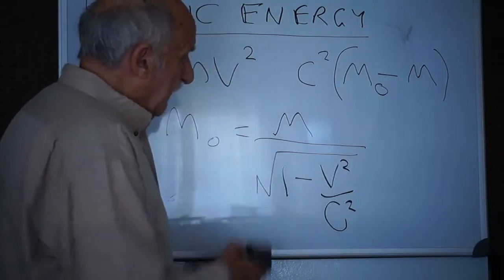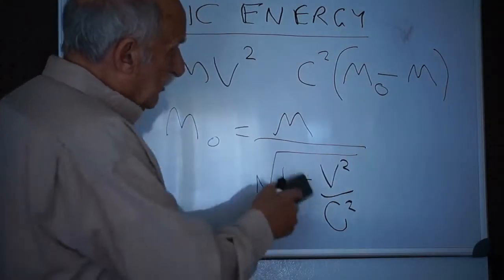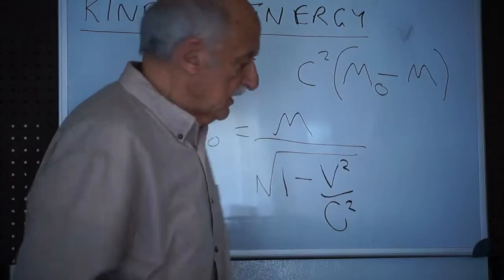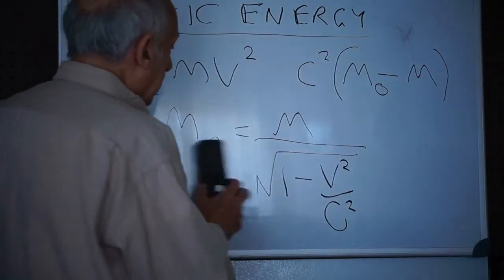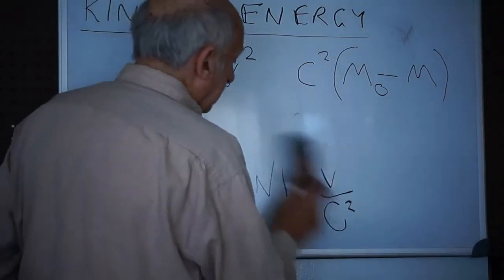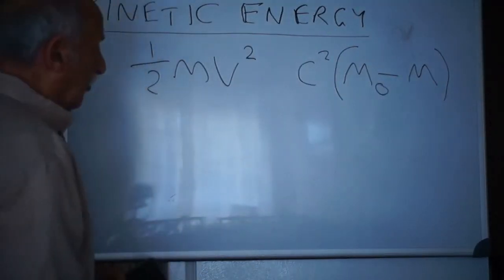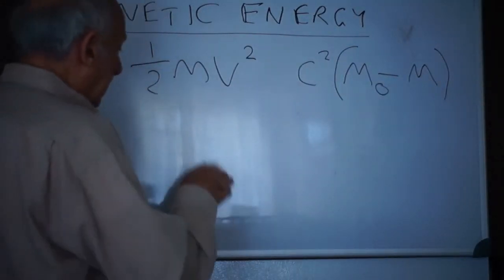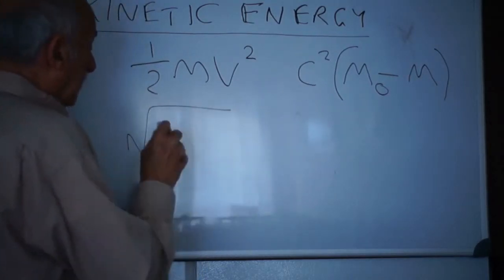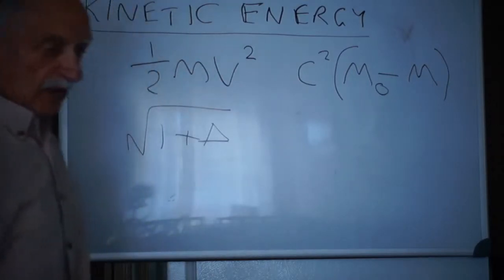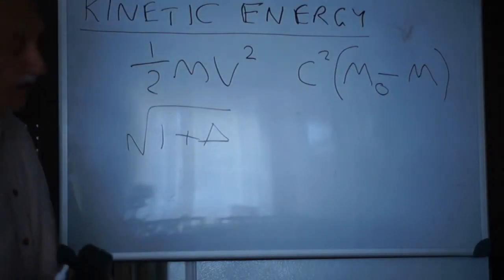So we're going to say, if you take the square root, which becomes what's called a series of expressions, you can say that, and I'll just take this out so that I can replace that the square root of 1 plus a very small amount, which is what v squared over c squared is.